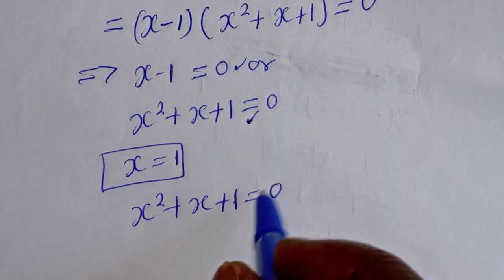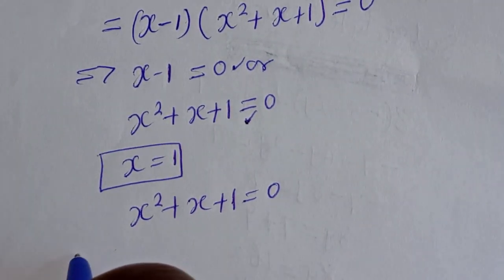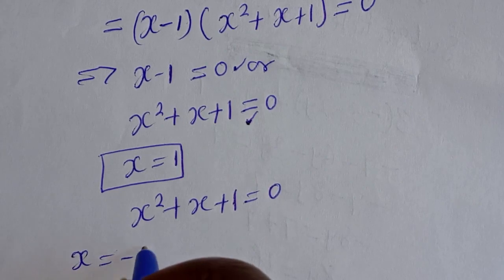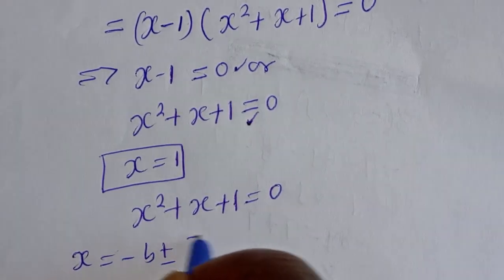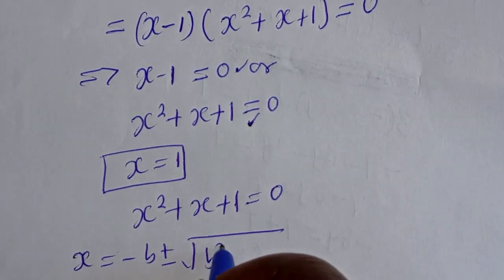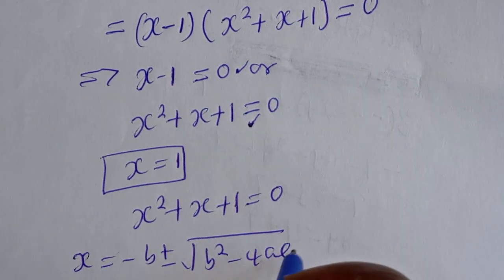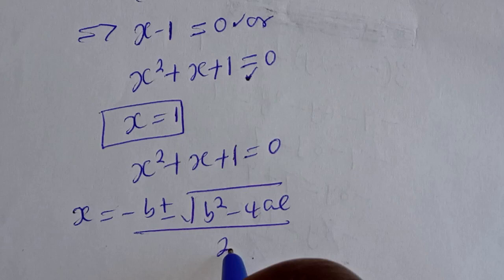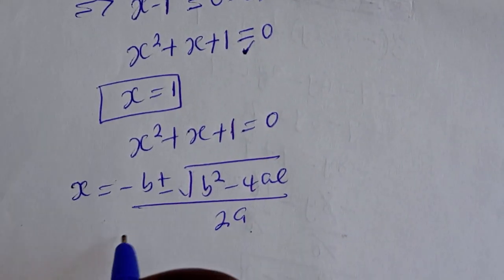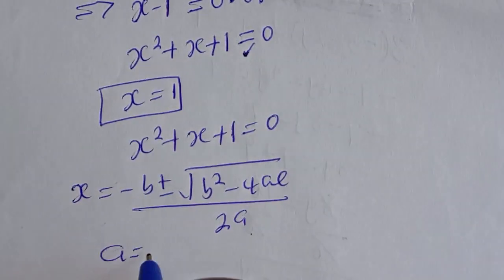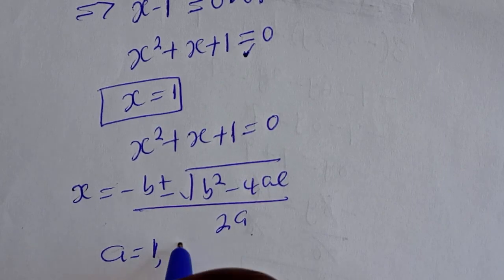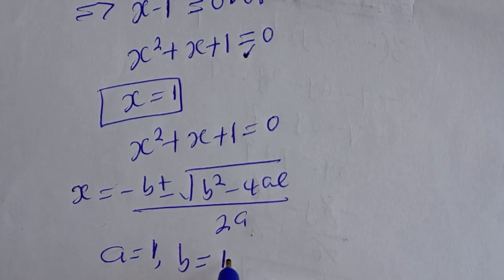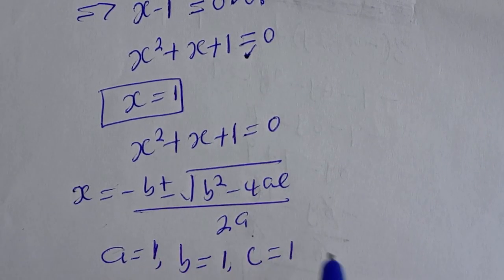Let's solve this using quadratic general formula. From here, S is equal to minus B plus or minus square root of B square minus 4AC over 2A. A is equal to 1, B is equal to 1, C is equal to 1.